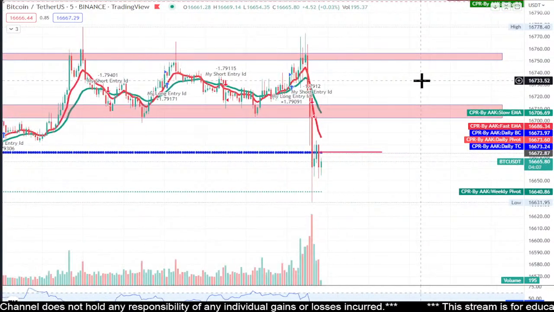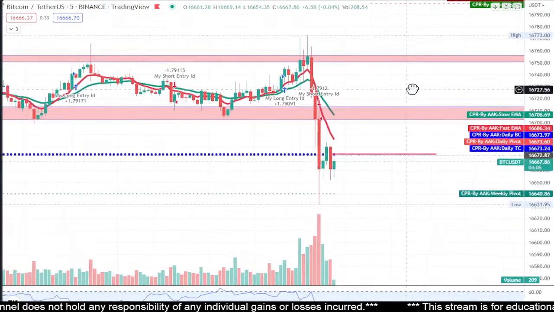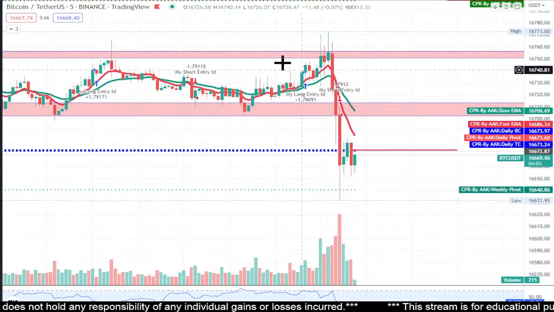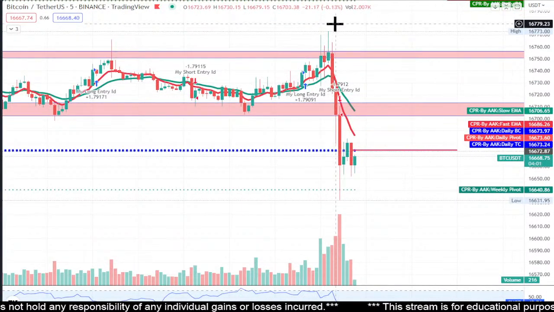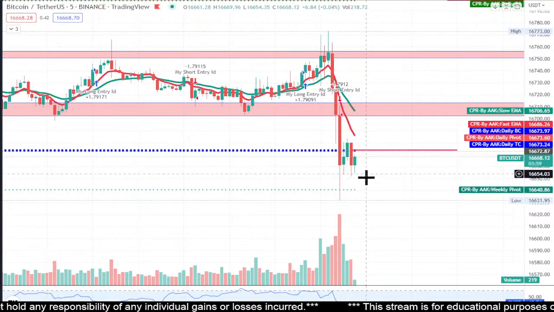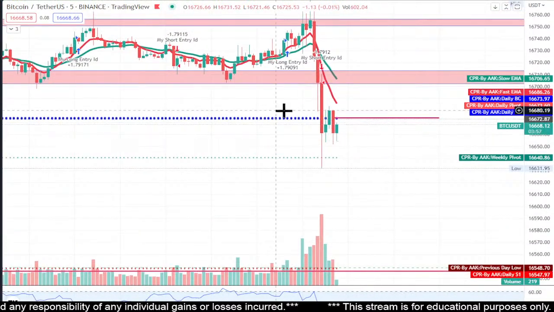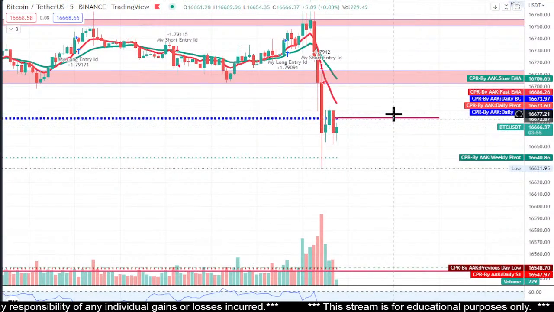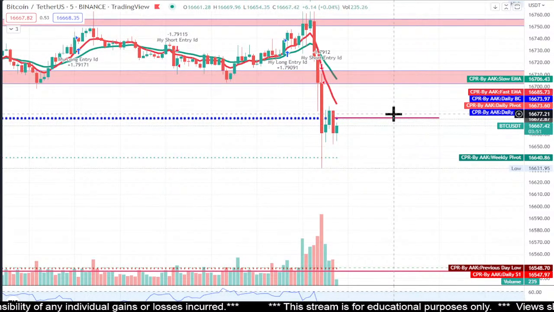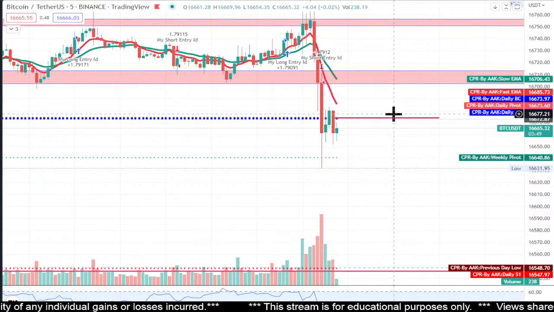However, this time it took a rejection from the supply zone, got the confirmation again, and started to fall. And it gradually reached the daily pivot, because I use a CPR for my trading, which is a central pivot range.